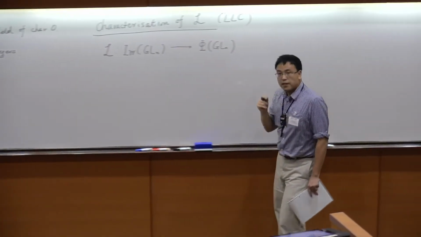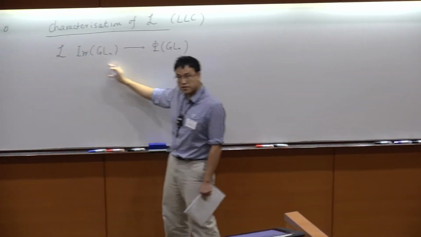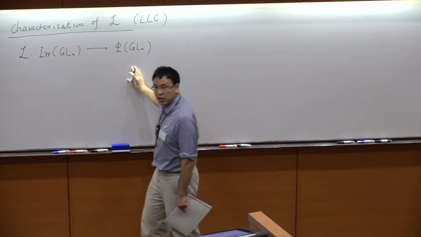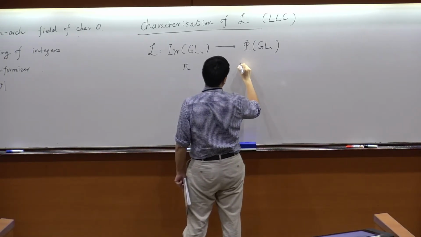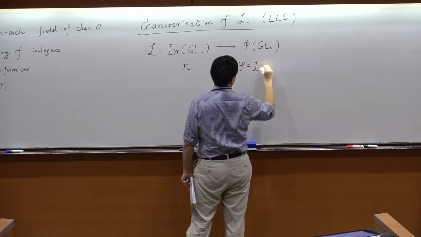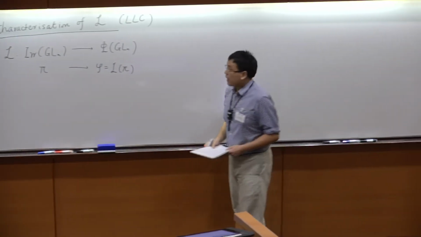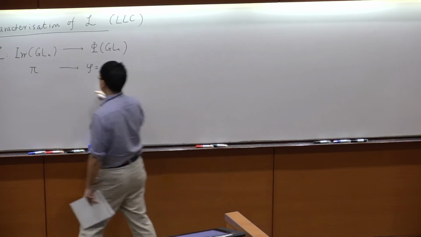Okay, let's take the general linear group case, which goes from the irreducible admissible representations to the L parameters of GL_n. And we know this is a bijection, and pi goes to an L parameter. And yesterday we defined the L factors on this side, and also the epsilon factors.